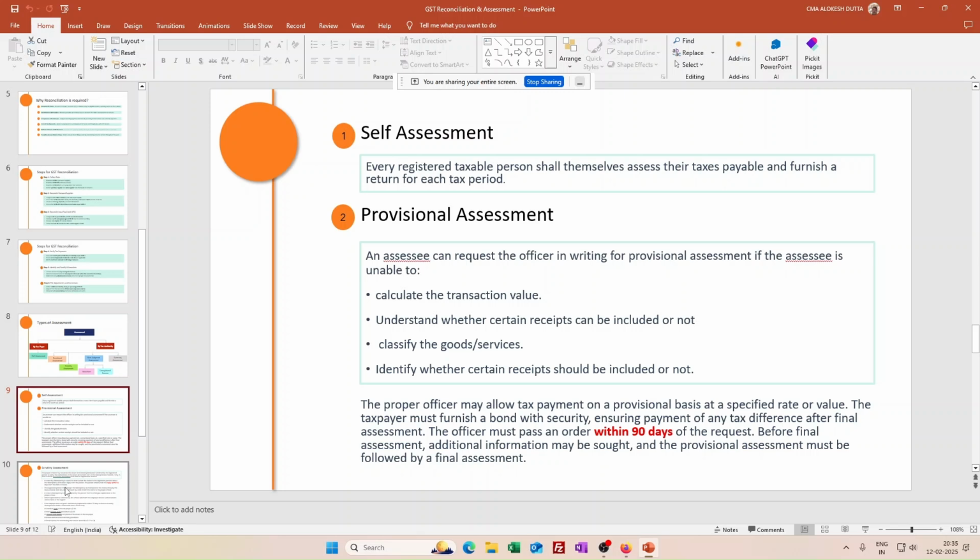Identify whether certain receipts should be included or not. Under these circumstances, an assessee can request for provisional assessment to the proper officer. Proper officer means his jurisdictional officer.